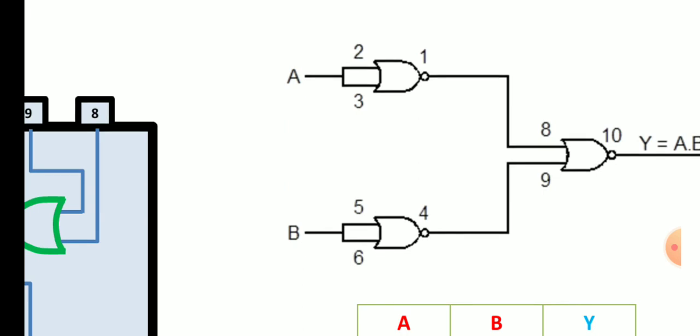From pin number 1 it is connected to pin number 8. From pin number 4 it has to be connected to pin number 9. The output is taken from pin number 10. Input A is given to either pin number 2 or 3, and B is given to either pin number 5 or 6. This is the circuit diagram for the AND gate.